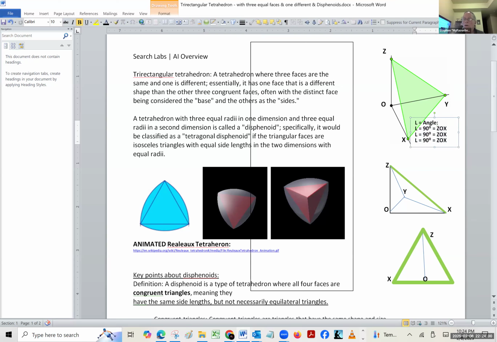So the first one is ZOX, the next is ZOY, and the next is XOY. And now I've identified all of my angles, right? That's what I'm wanting to see.